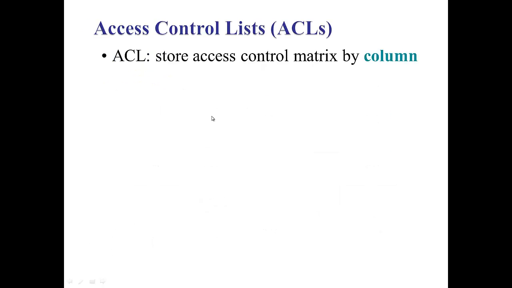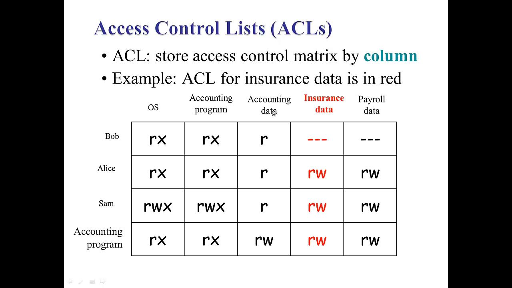Sometimes we talk about the access control list. What does access control list mean? In fact, when you talk about ACL, it means the column. One column. This means storing the access control matrix by column.